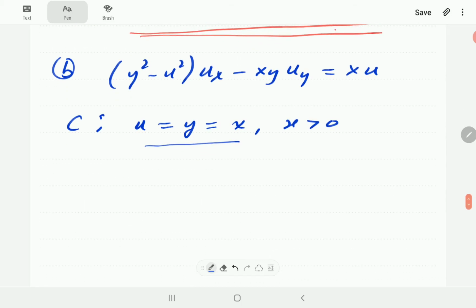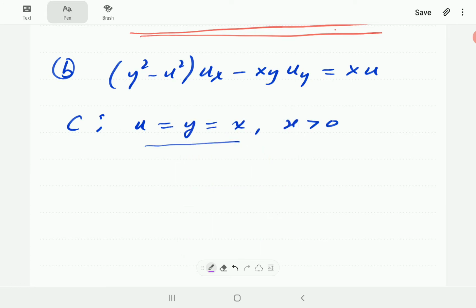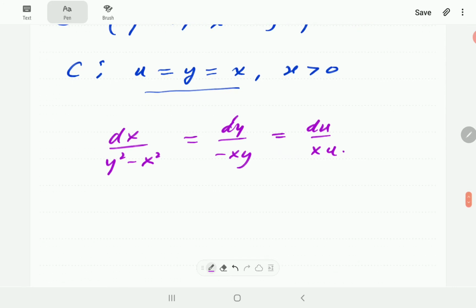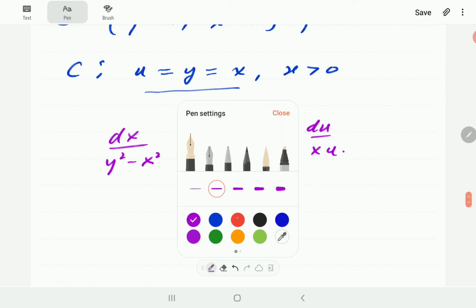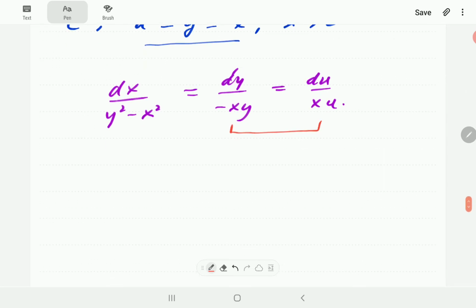All right, so we're going to start with the characteristic equation. In this case, it's going to be dx over y squared minus x squared equal to dy over negative x over y equal to du over xu. If we take the last two, you can see that x is a common factor there.